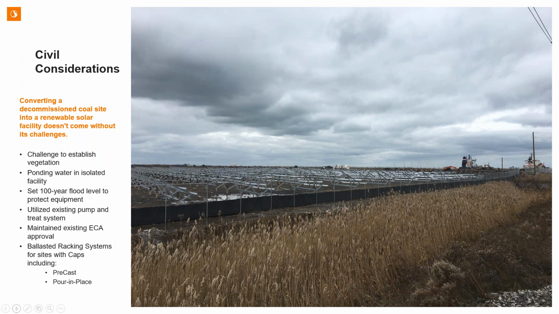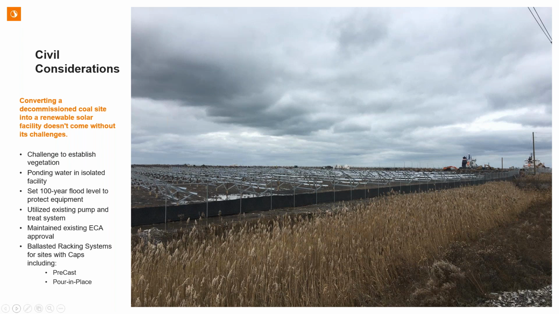A few more considerations when converting a decommissioned coal site into a renewable solar facility. It doesn't come, obviously, without its challenges. Vegetation establishment needs to be predetermined and worked out with the owner to determine what kind of vegetation should be installed. There's ponding water in isolated facilities.